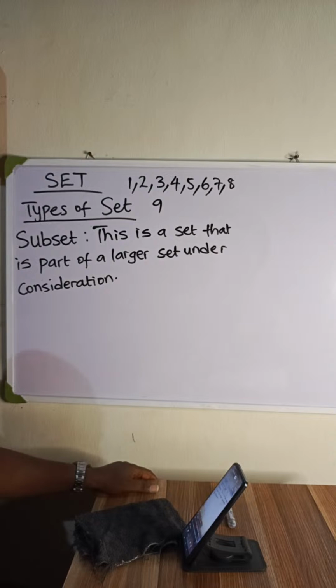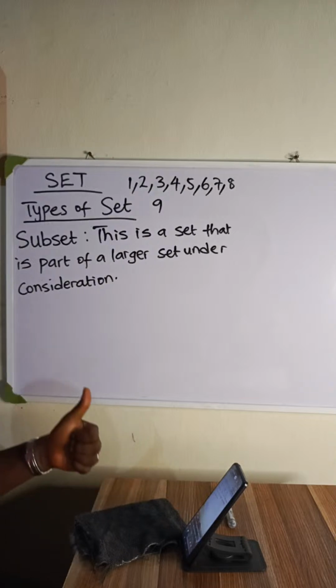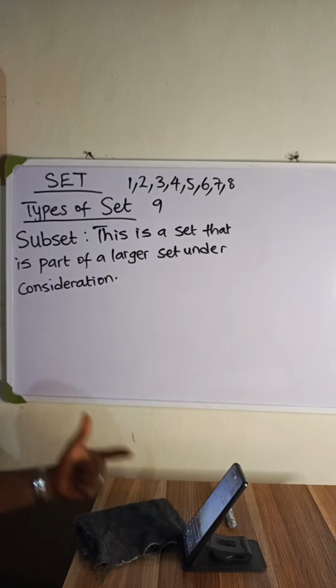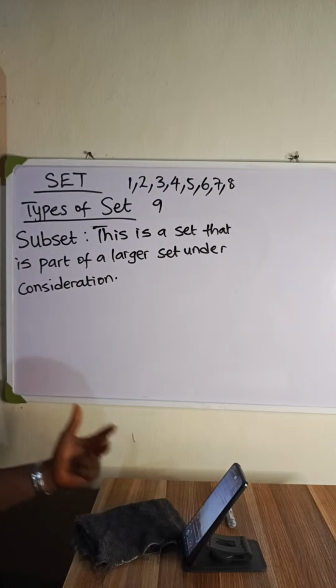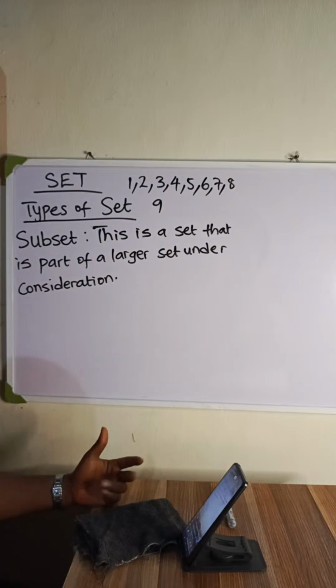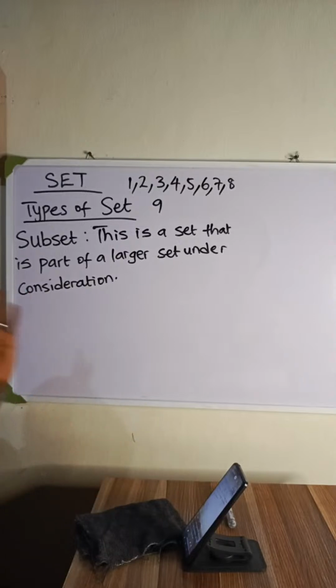So in today's class, we've looked at basically 5 types of sets. We've looked at equal sets, empty set, equivalent set, universal set, and now subset.